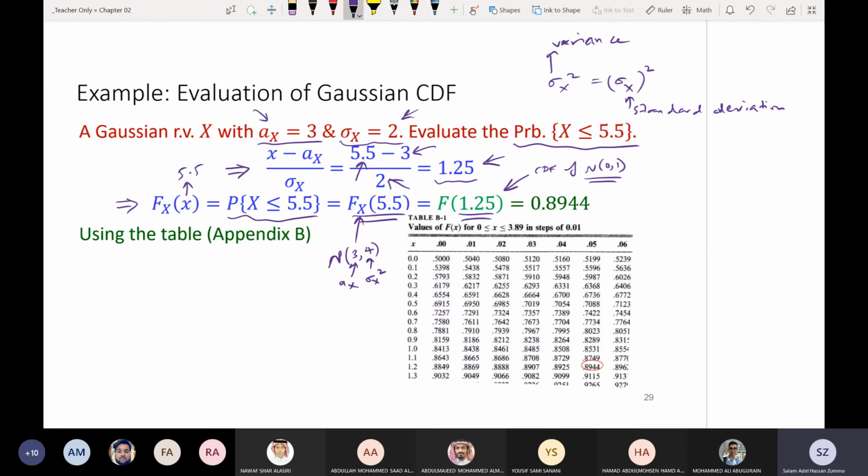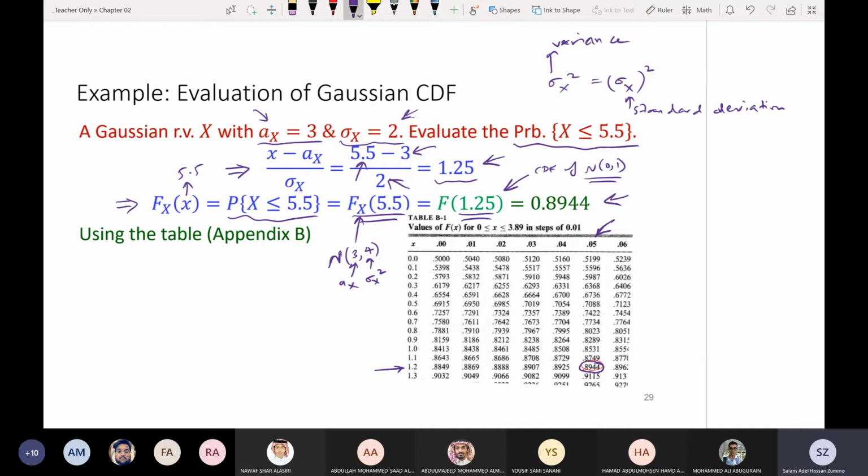What is F of 1.25? How to find it? أعطوني يلا كم الvalue. I go to 1.2 and then 0.05, which is this. And this is equal to 0.8944.